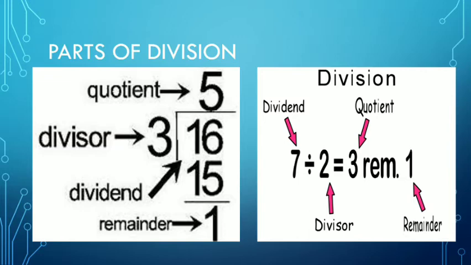The dividend is inside the bar. The divisor is outside the bar. The quotient is up to the bar and the remainder is under the bar.